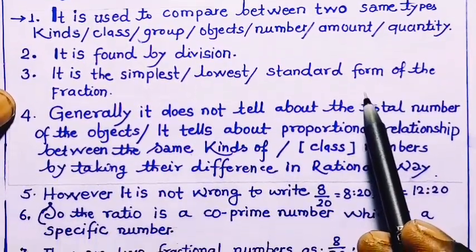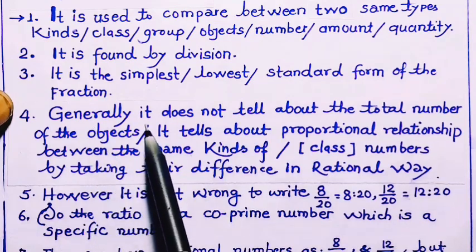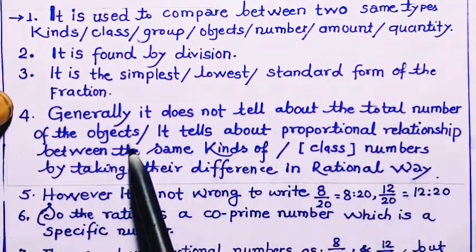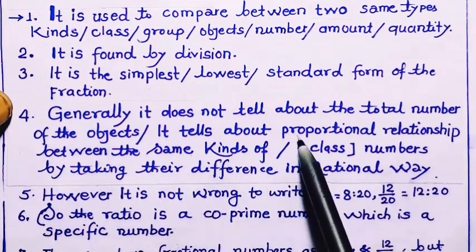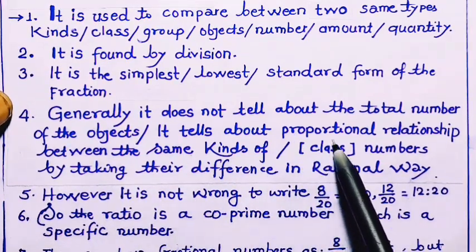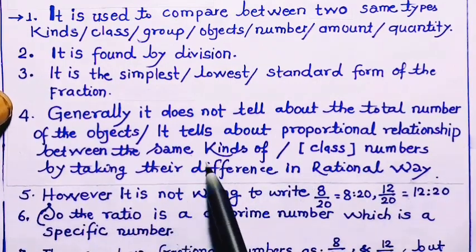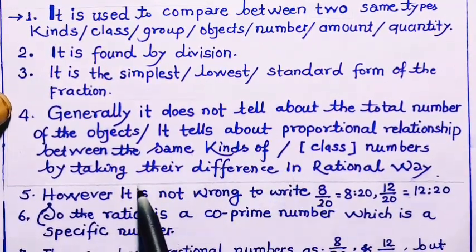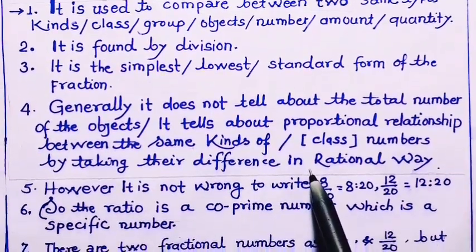Generally the number of ratio does not tell about the total number of the objects. It tells about the proportional relationship between the same kinds of numbers by taking their difference in a rational way.